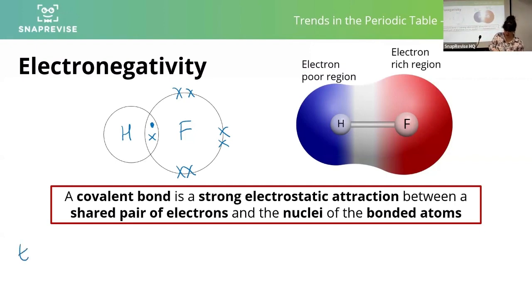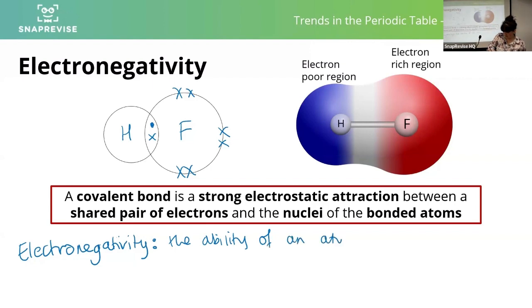So electronegativity is what? How do we determine it? Electronegativity is the ability of an atom to attract the pair of bonding electrons, so it is a pair, in a covalent bond.